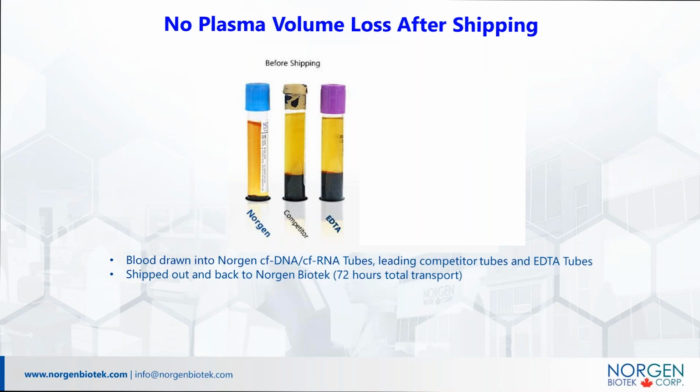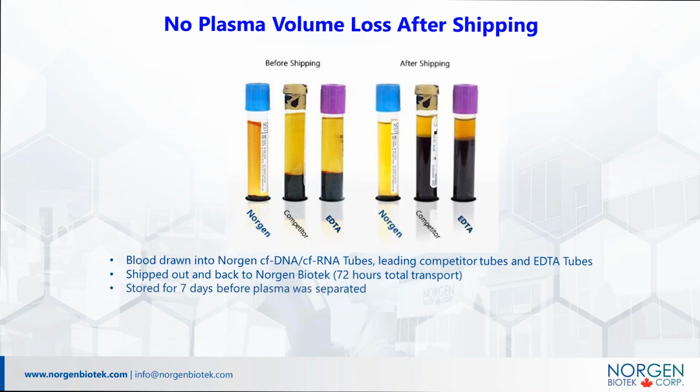And then we spun down the tubes to recover the plasma. So what you see in front of you is the tubes before shipping or without shipping, stayed at room temperature at Norgen for 7 days. The same tubes or its replica were shipped, and when it came back, we spun it down.